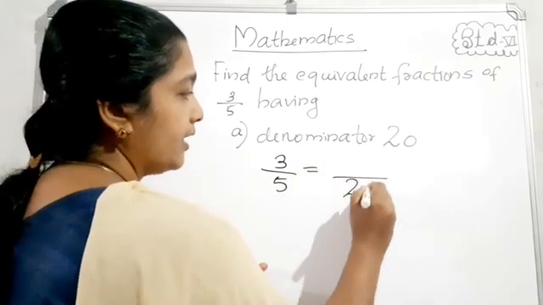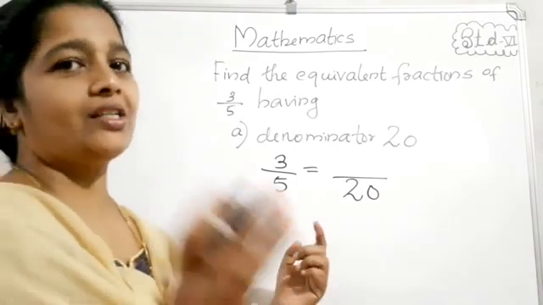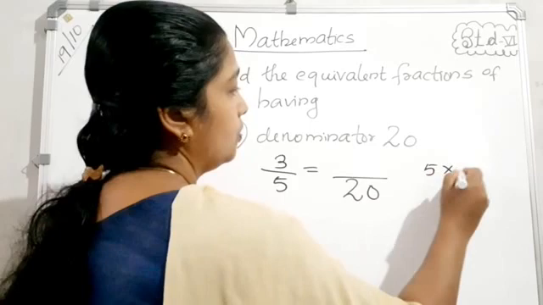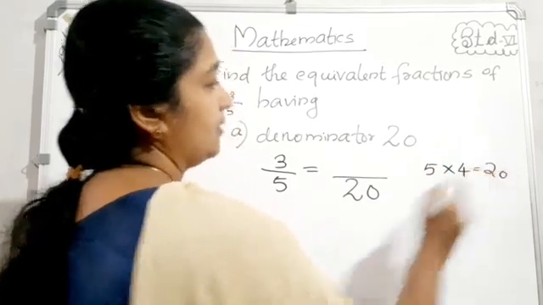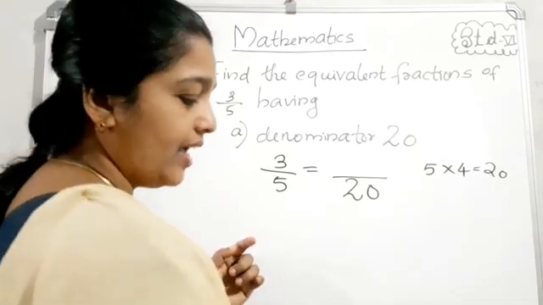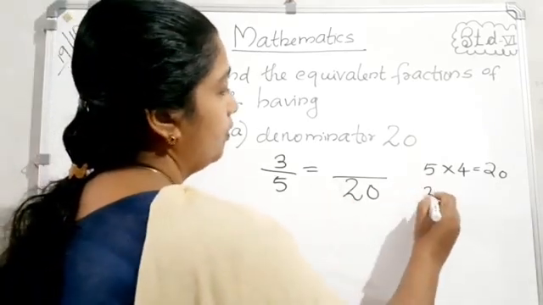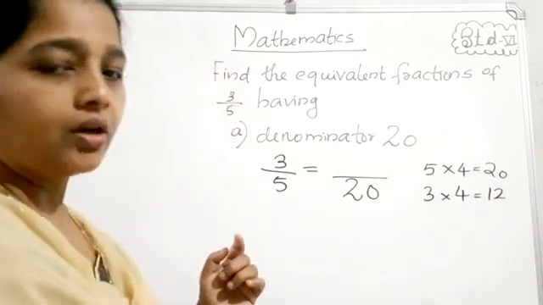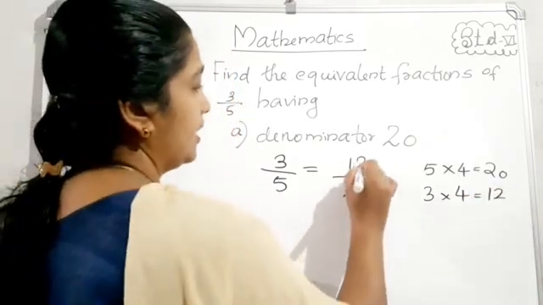So you must write the denominator, then you can solve. Say the answer. 5 into 4 equal 20. Then 3 into 4 equal 12. So the answer is 12.